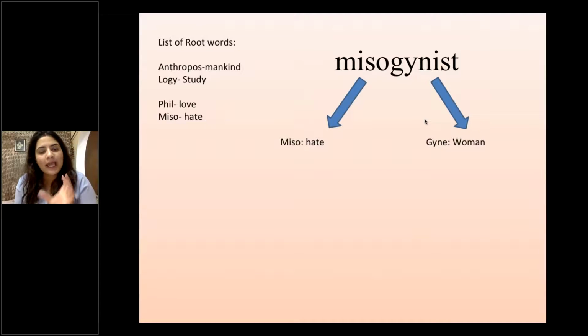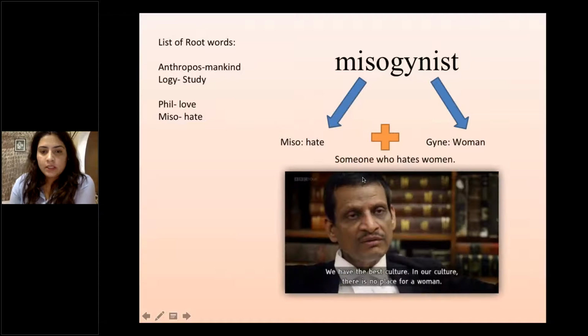So woman and women. Okay. So practice it at home. I can't really hear you, but there's obviously a reason I don't want to hear you, because everybody would say woman, women. So please practice it at home. So misogynist is someone who hates a woman.